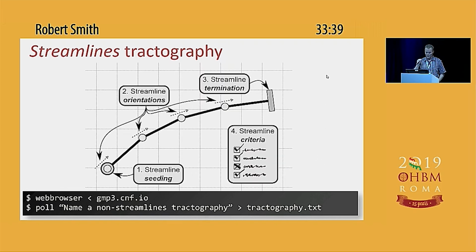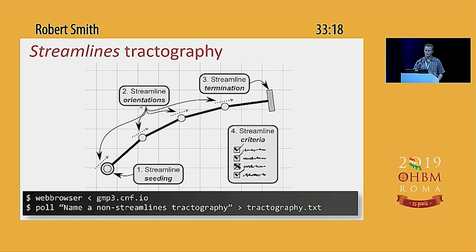So personally, I like to break the streamlines algorithm into these four aspects. The first is what's referred to as streamline seeding. So this is the process of determining a location in three-dimensional space from which you are going to initiate a streamline for construction.